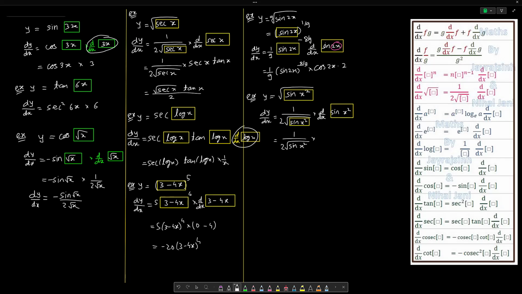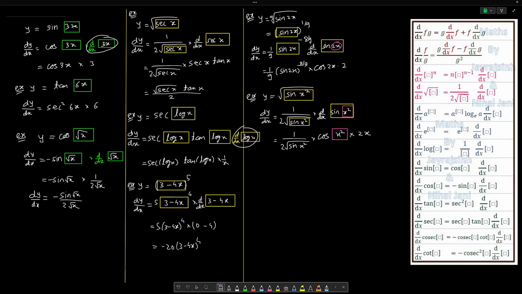Again you will have to apply the chain rule. Right, so this time we'll consider a box around x square, so differentiation of sin box will be cos box into d by dx of box. Now what do we have within the box? We have x square, so write everything again and simply multiply by the differentiation of x square, which is 2x. That is your answer, ta-da.